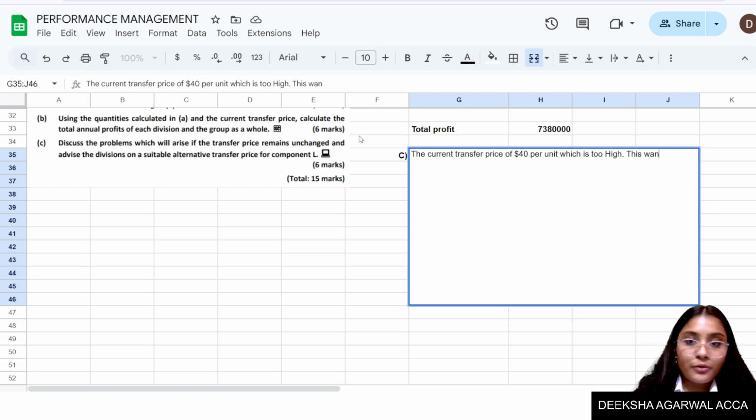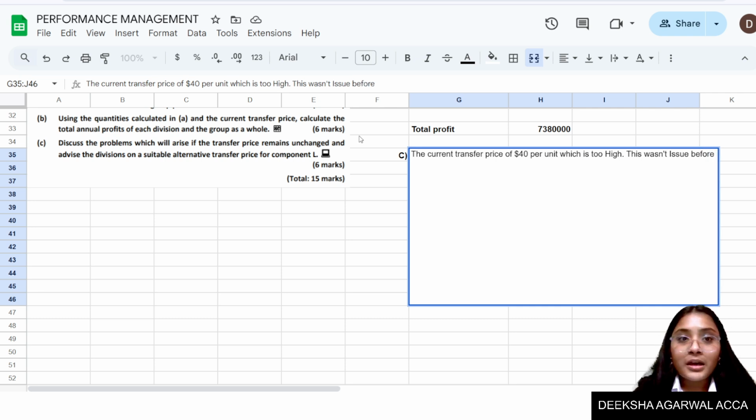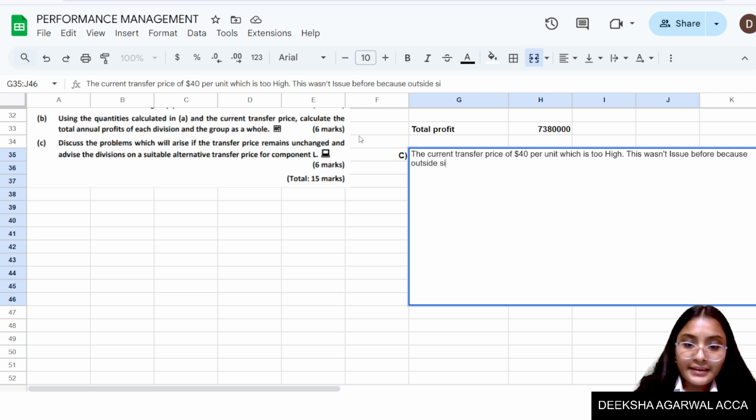This wasn't an issue before because the outside supplier charged $42. But now division M has a $37 offer from an external supplier.